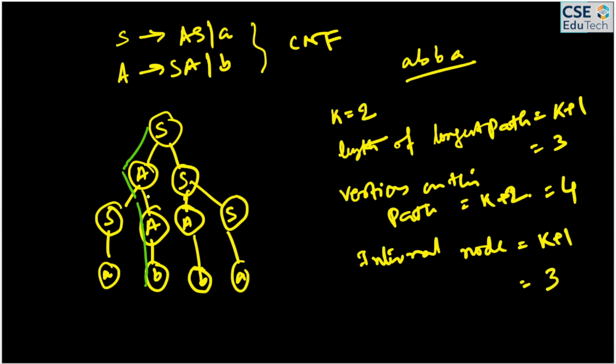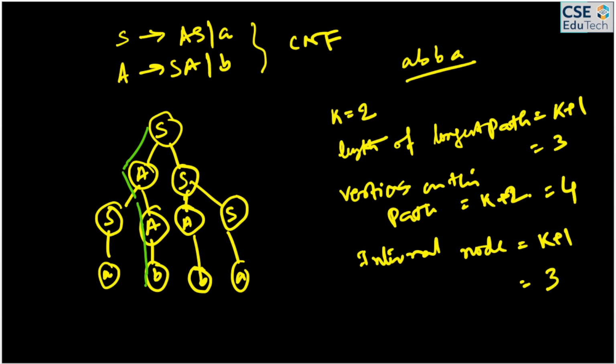That means A is an internal node, and the vertices on this path are basically 4, one of which is a leaf vertex, and the remaining 3 vertices are the internal nodes.